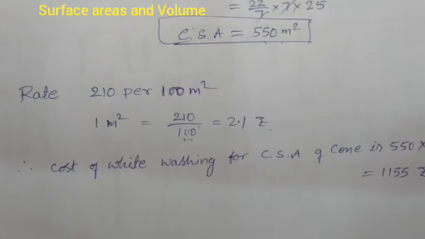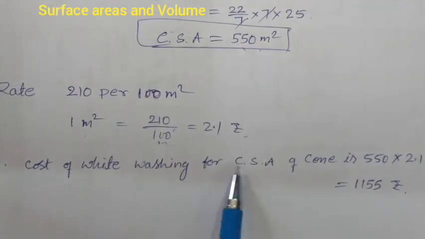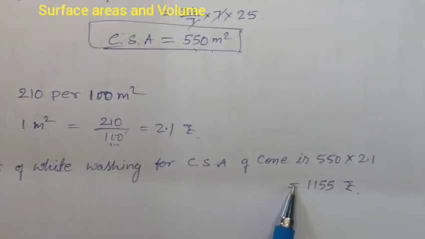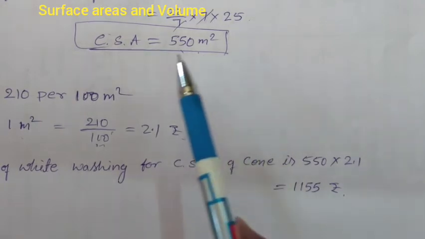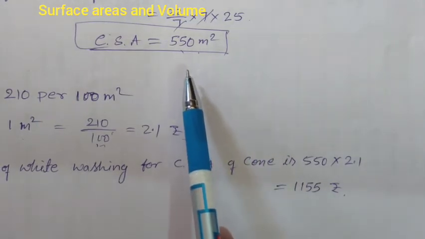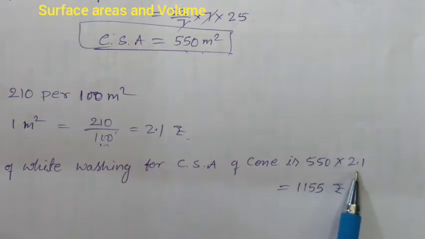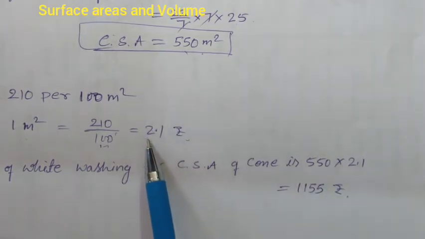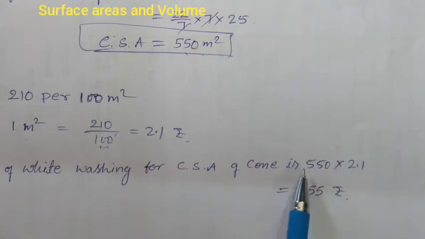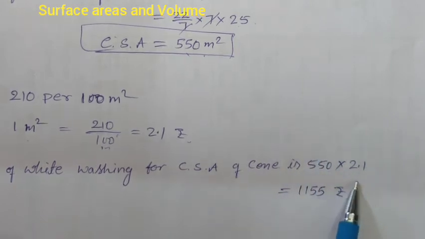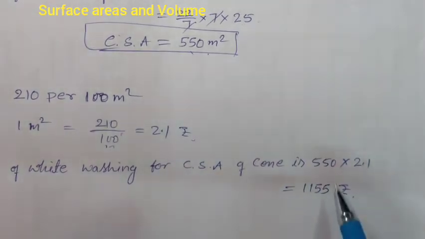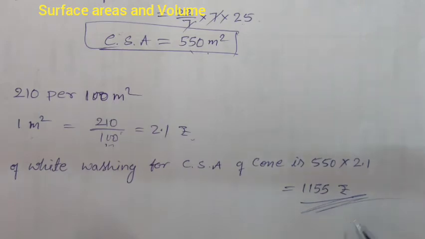Again, you can find the cost of whitewashing for the curved surface area of the cone. Here we already found that the curved surface area is 550. For 1 meter square the cost is rupees 2.1. So now we multiply 550 and 2.1, we get 1155 rupees.